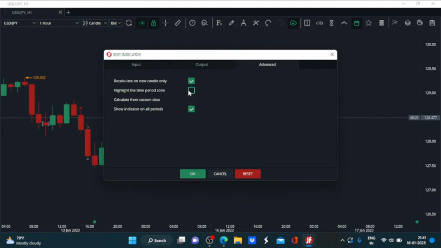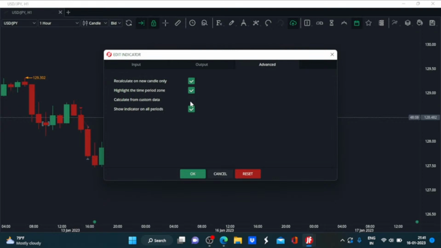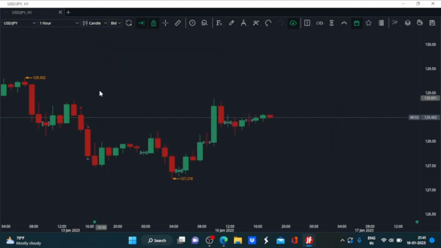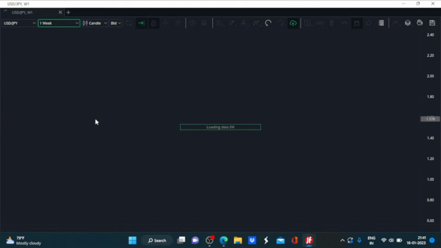Highlight the time period zone. Since there is a single candle formation, your single candle is going to be highlighted, and the same thing applies to this recognition pattern as well. Custom data, we can't calculate it. Show indicator on all the periods: suppose you want this pattern recognition to be available whenever you change the chart's candlestick period, you can do that.